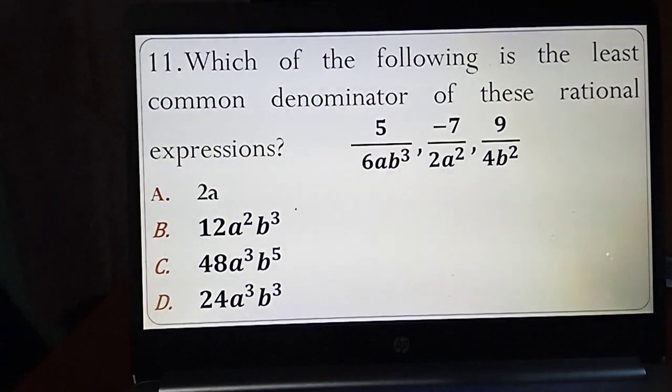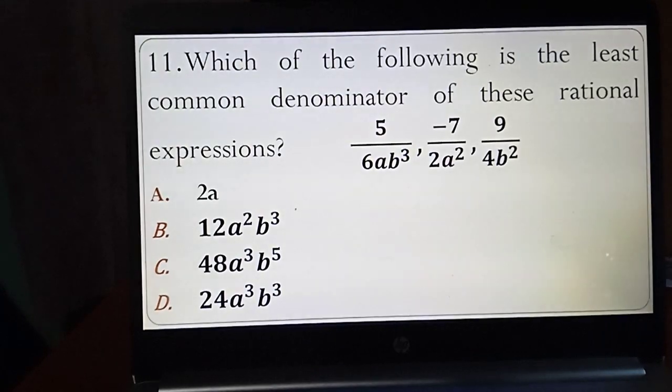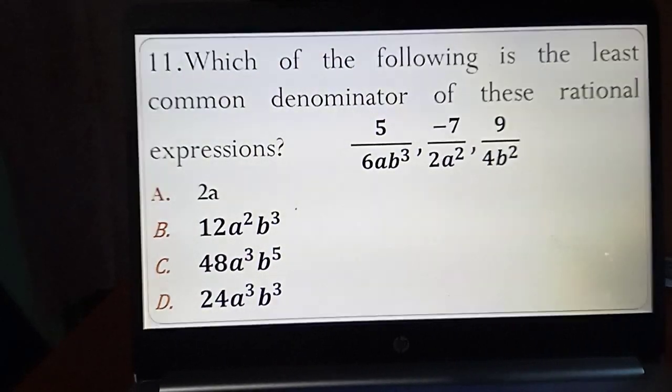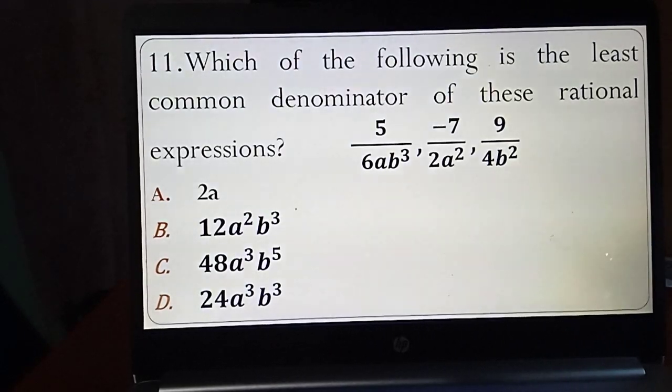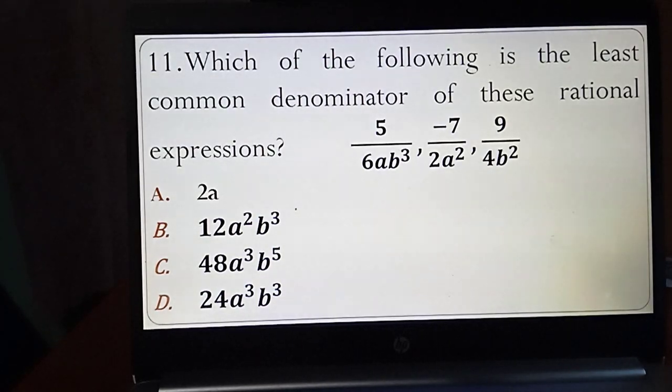So the least common multiple of 6, 2, and 4 is 12. For the letter A, the highest exponent is 2, so a squared. And the highest exponent of b is cubed. So the least common denominator is 12a squared b cubed. Okay, that is letter B.